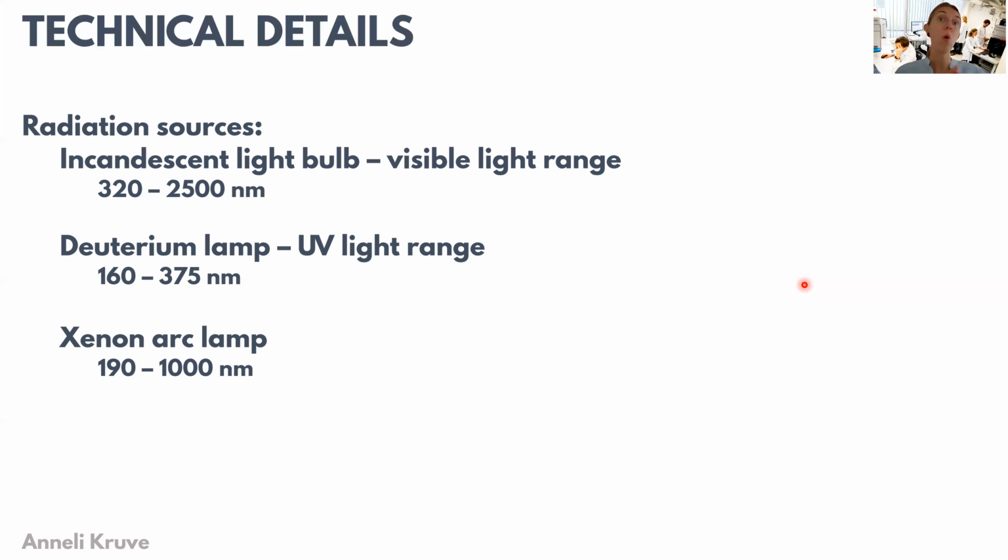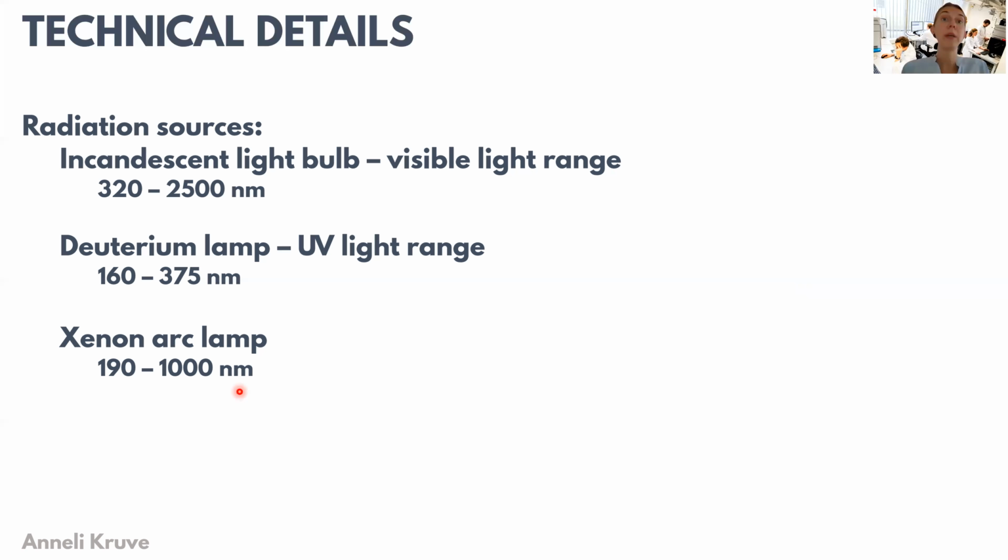We'll see also why this is necessary. I can tell as a hint that the selectivity is usually better in this range. And therefore, we can turn the deuterium lamp on only if we want to actually do the measurements in the ultraviolet range as well, because deuterium lamps are more expensive, and therefore the consumption of these is maybe a bit more limiting than of the light bulbs.